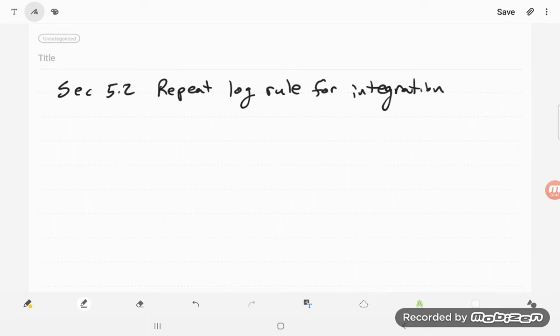But so, repeat log rule for integration.